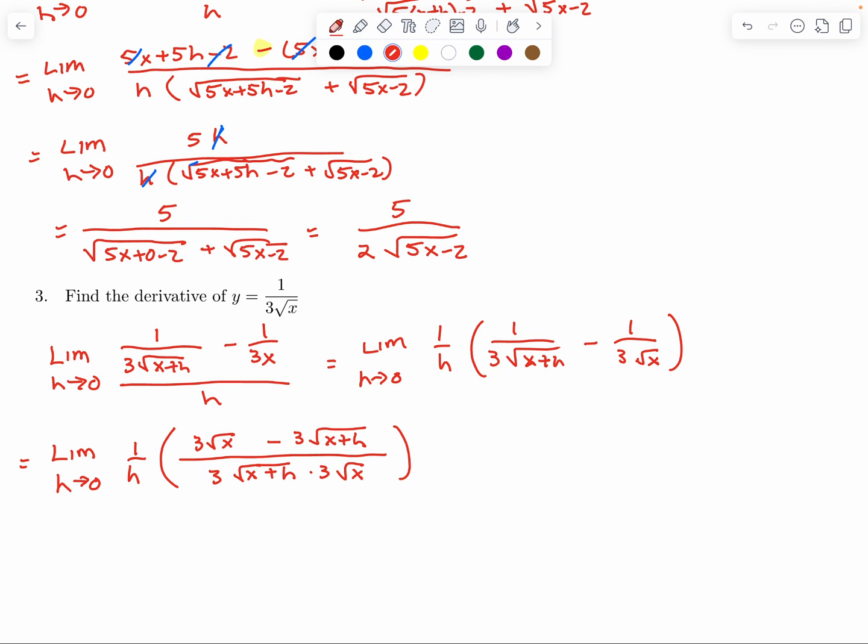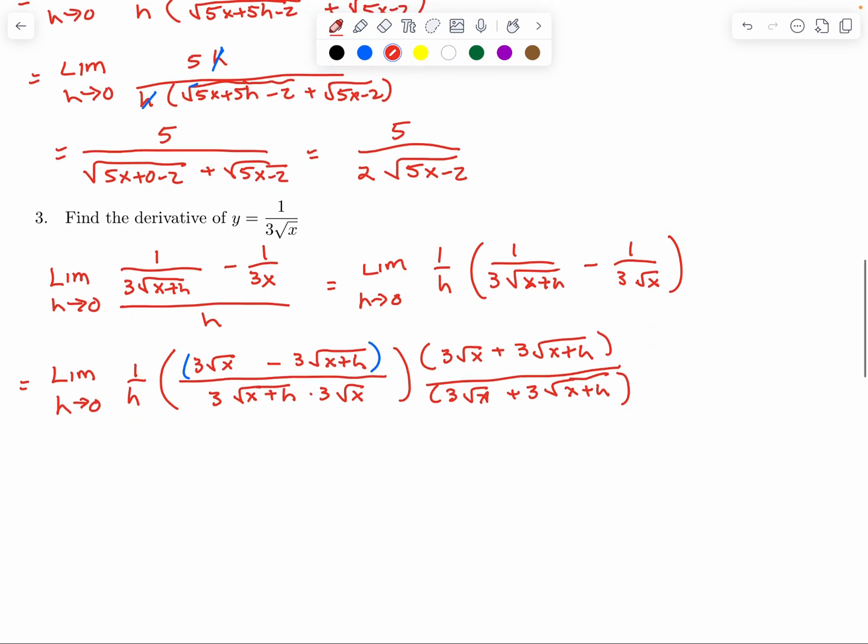Okay, now what? Now we have to do the multiply by the conjugate thing. So, okay, don't forget 1 over h.